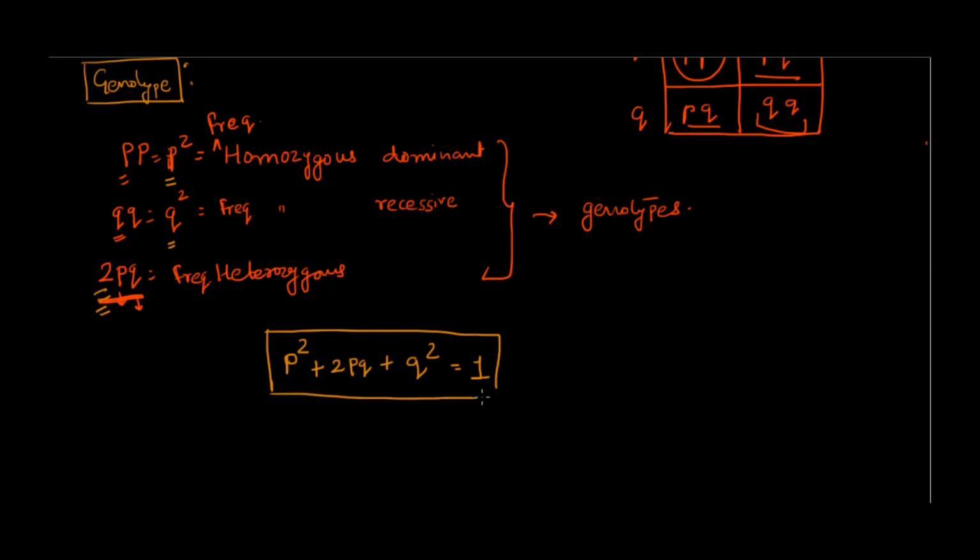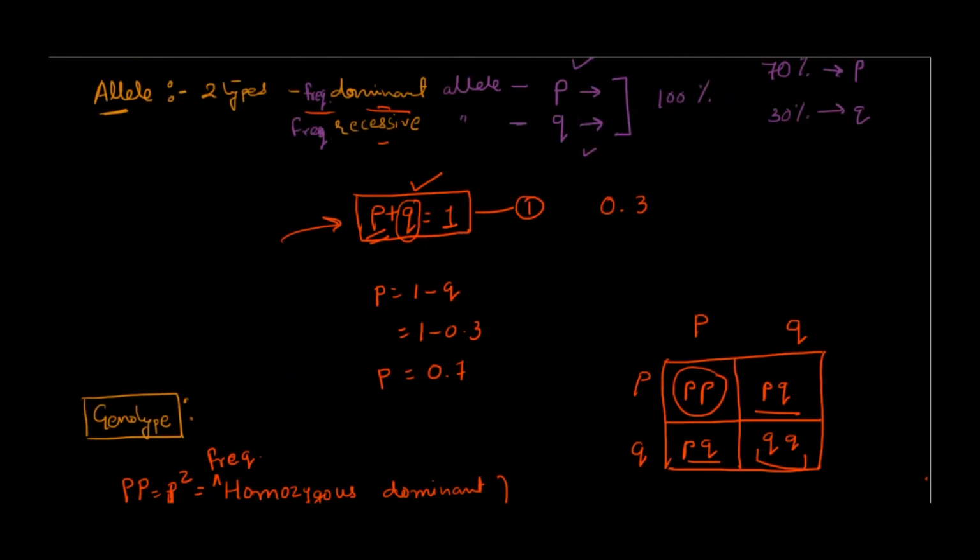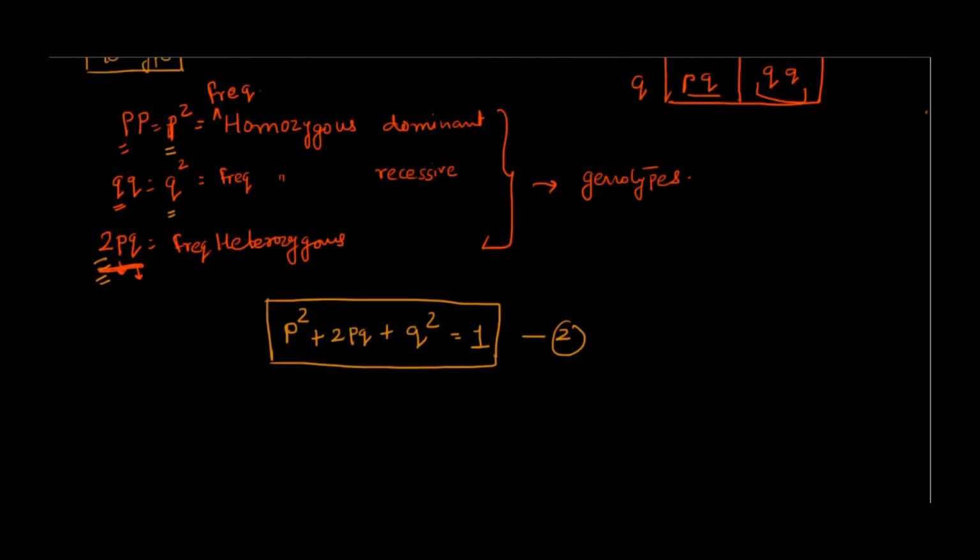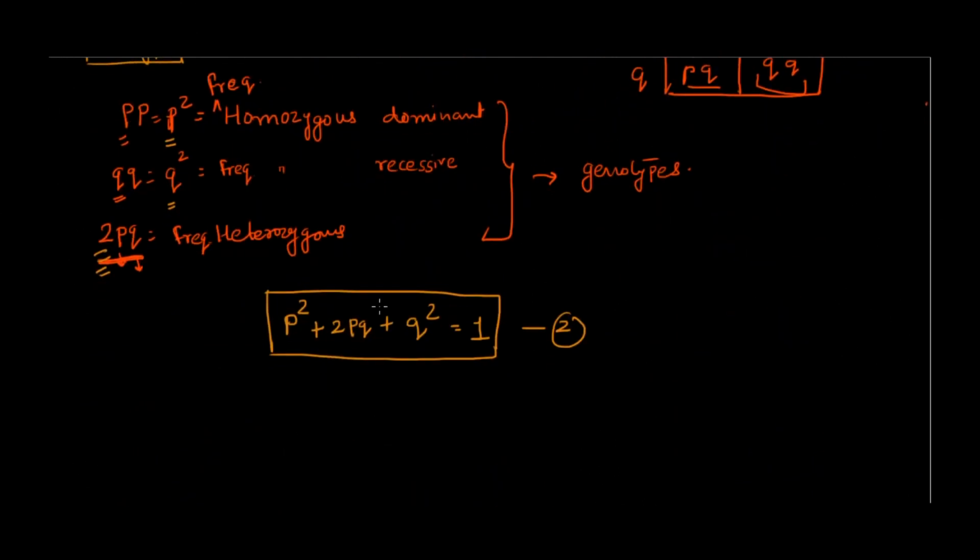Remember the second formula, very, very important. The sum of all the genotypes should be 1. So P plus Q equal to 1 is useful when you want to find out the frequency of alleles, because P and Q are the frequency of alleles. But when you want to find out the frequency of genotype, you are going to use this particular formula: P square plus 2PQ plus Q square equals 1.